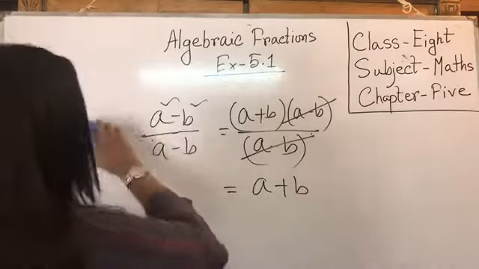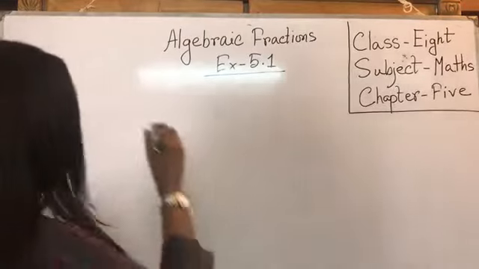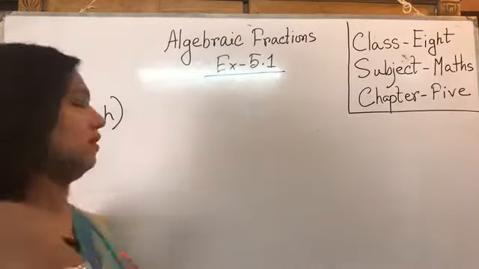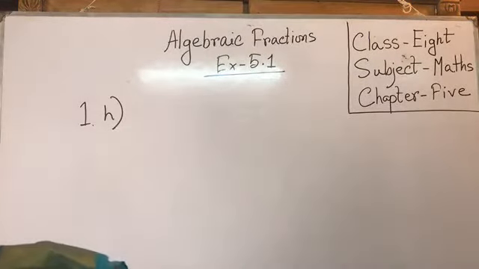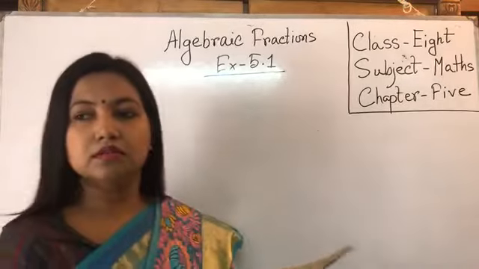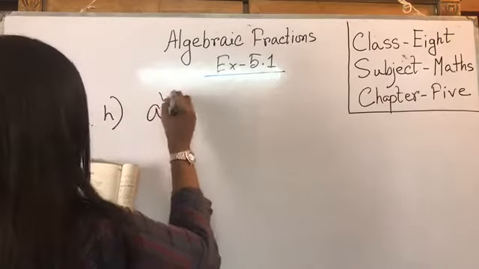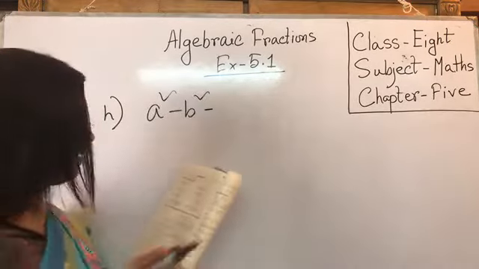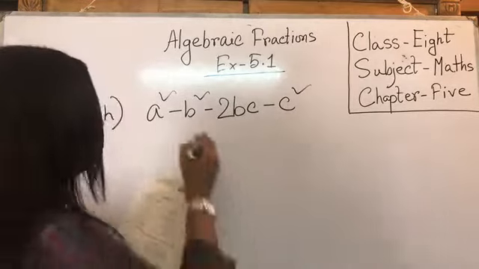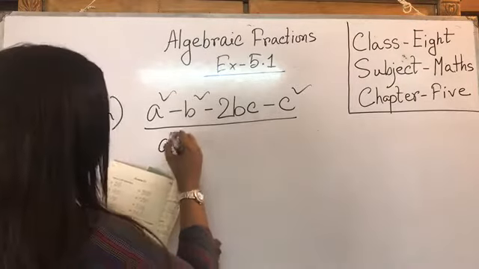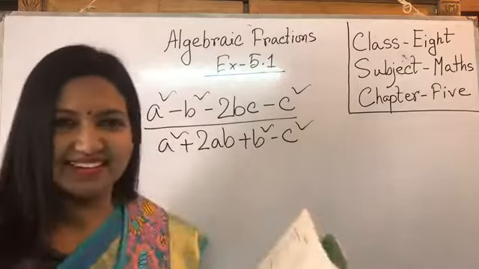Question 1(h): I am writing the question: a square minus b square minus 2bc minus c square divided by a square plus twice ab plus b square minus c square.